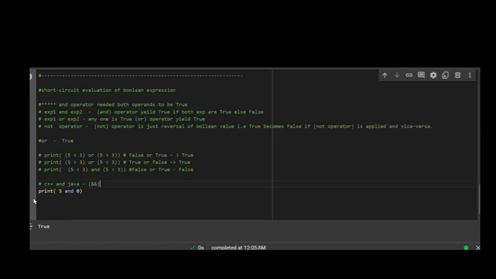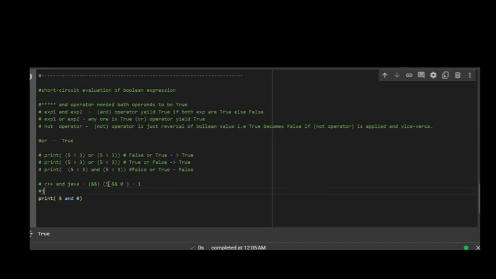Okay, so what happened in C++ when I tried to print the result of 5 and 0? Basically, in C++, 5 and 0 was giving me 1. That is very interesting. But in Java, it was throwing me an error.